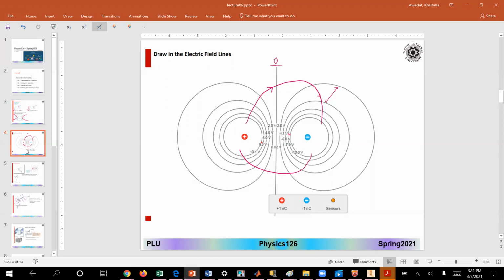The same thing for the negative charge. So we can draw any line of electric field based on those two facts, and all those lines should be perpendicular to the equipotential lines. Those two key points give the relation between the electric potential and the electric field.